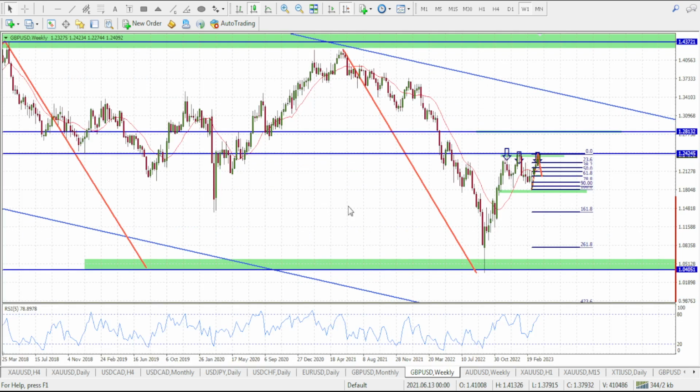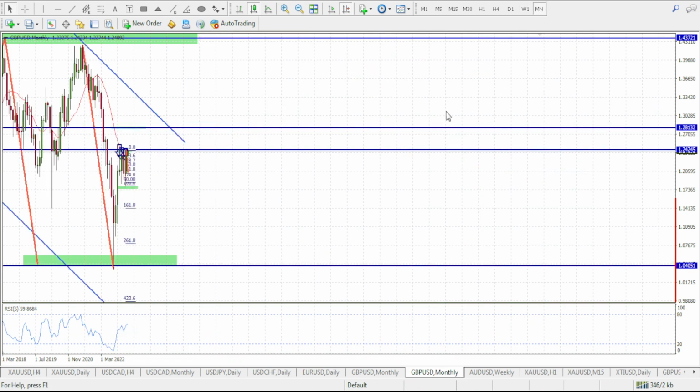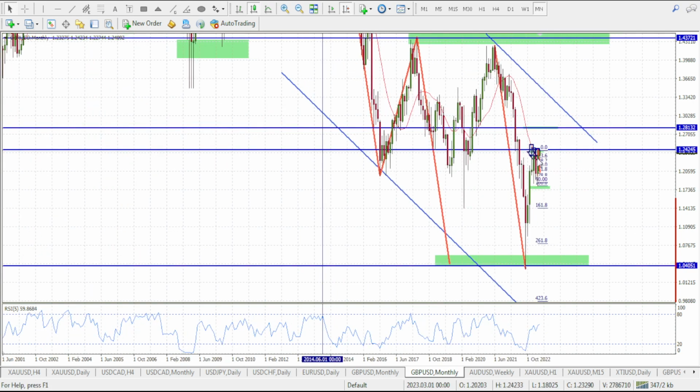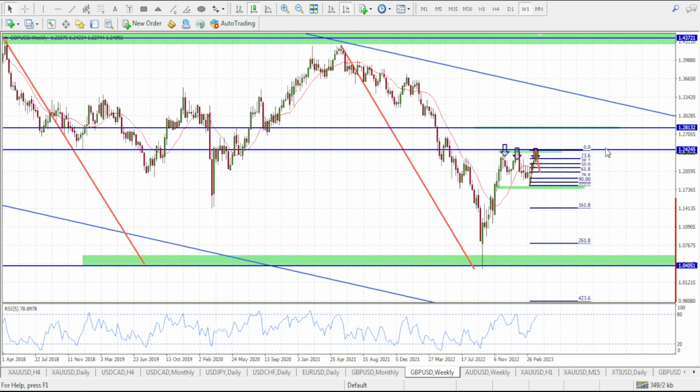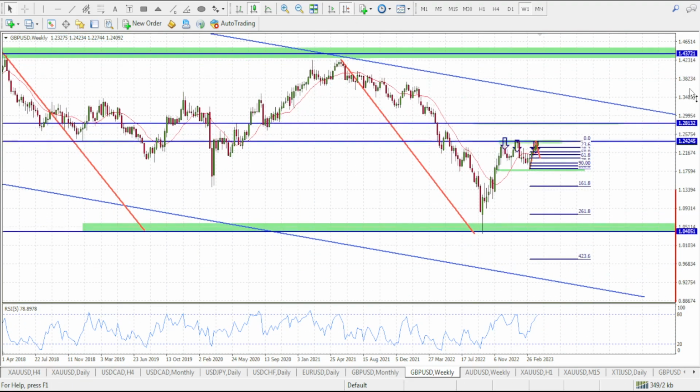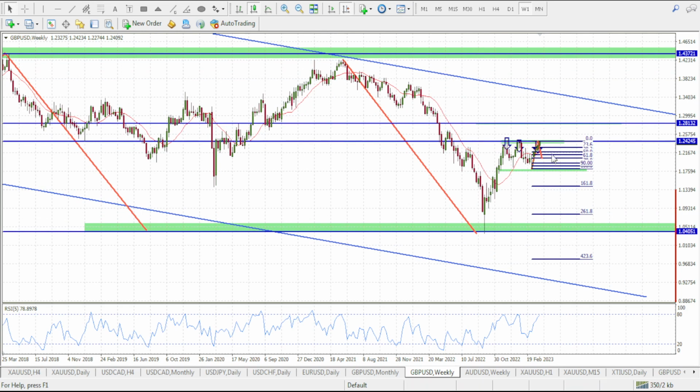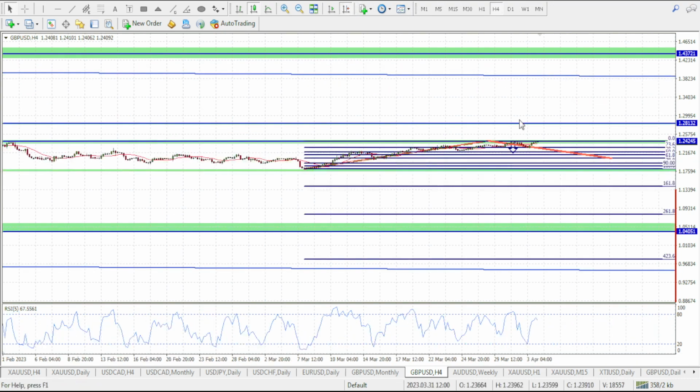Yesterday I discussed pound US dollar on the monthly time frames and the weekly. So today I want to discuss it in further detail, obviously because the market moved very nicely.